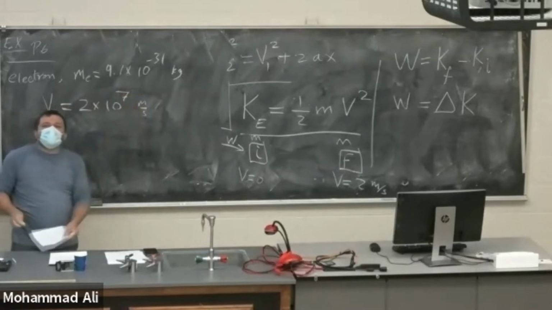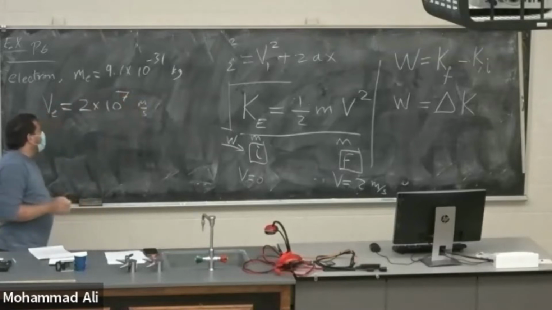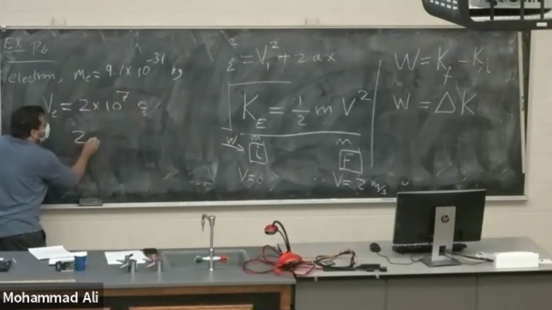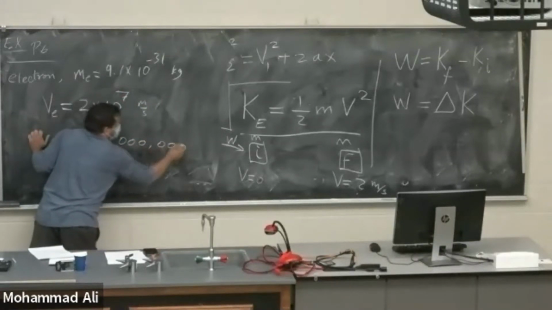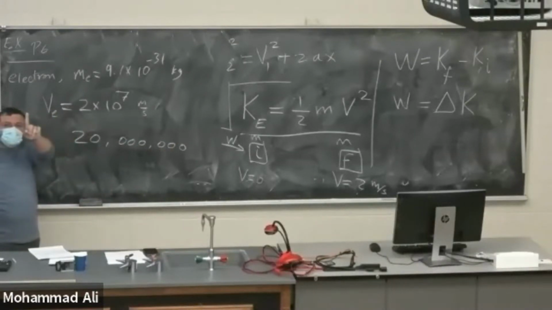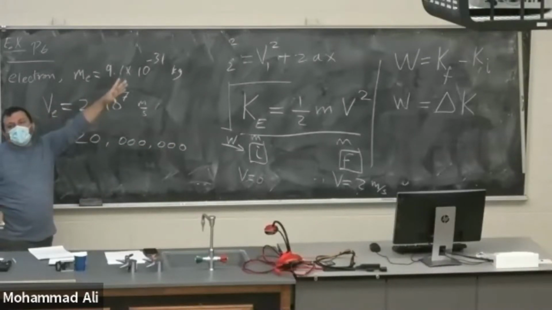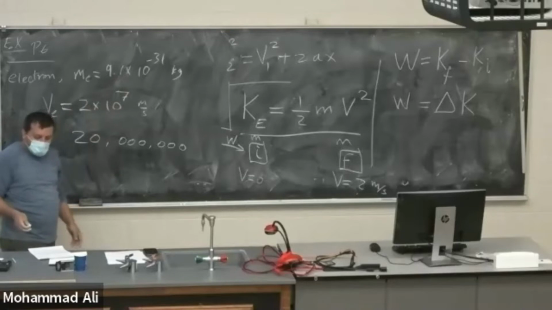If we leave this electron freely, it will move 20 million meters after 1 second. It will be very fast because it is very light.